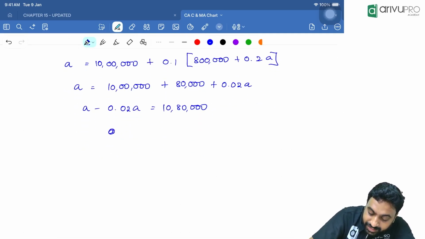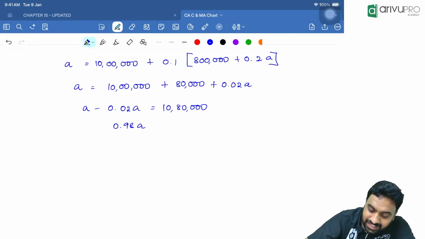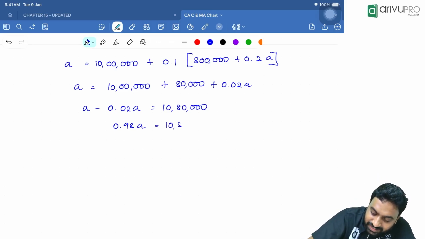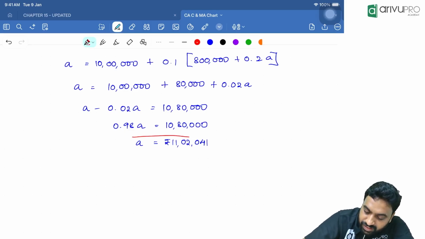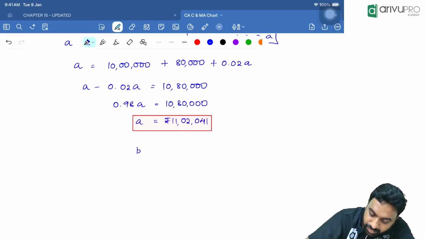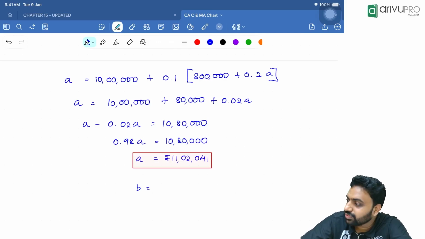Guys, that gives 0.98. In an examination, in urgency, don't write it carelessly. 0.98 A is equal to 10 lakh 80,000, so A is equal to 11 lakh 2,041. This will be your A. Correct? Can you tell me how much will be your B? B will be 8 lakh plus 0.2 of this 11 lakh 2,041.